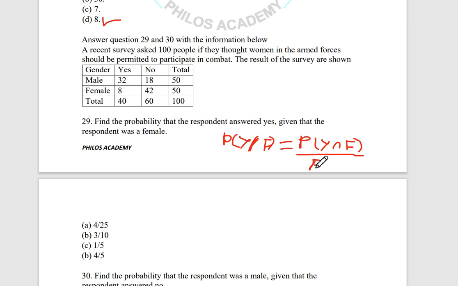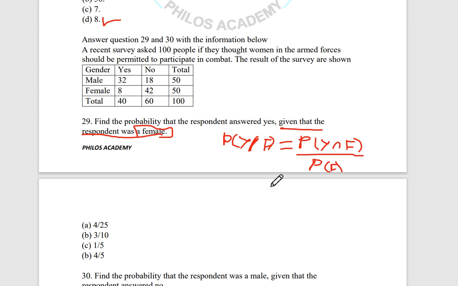It should be divided by the probability of the condition. What I mean by the condition is that given that the respondent was a female, the female is a condition.